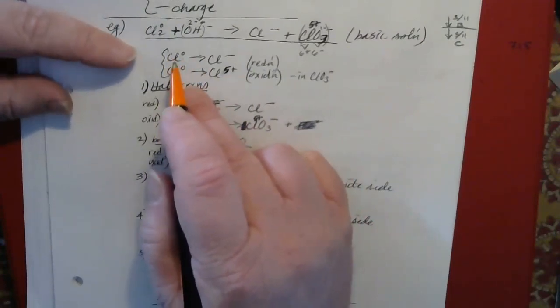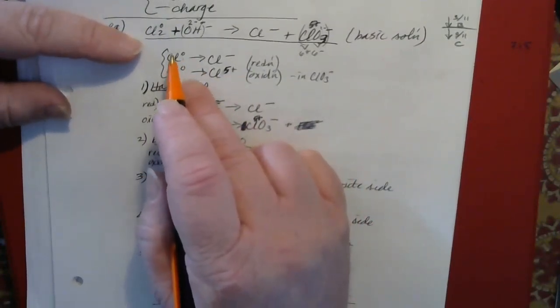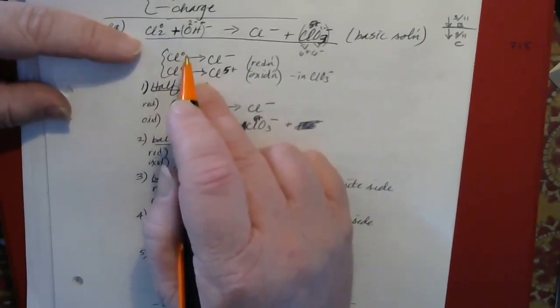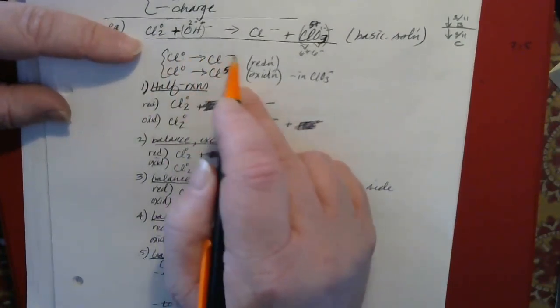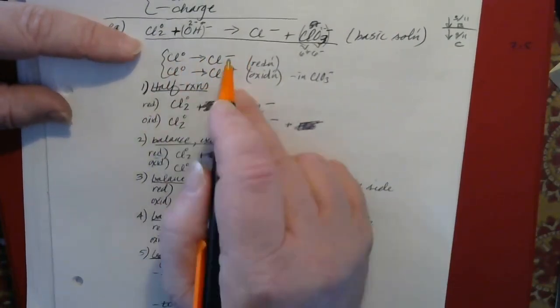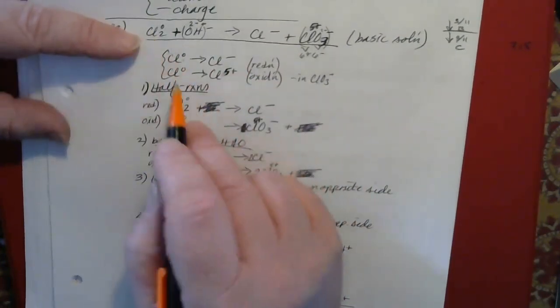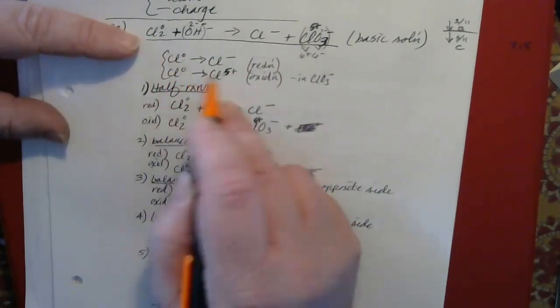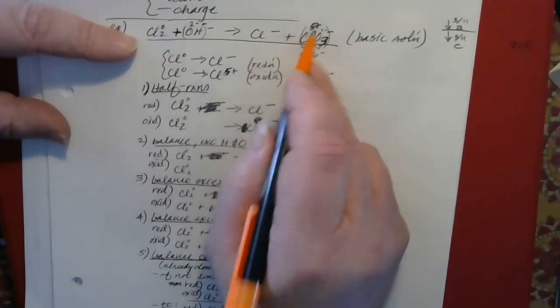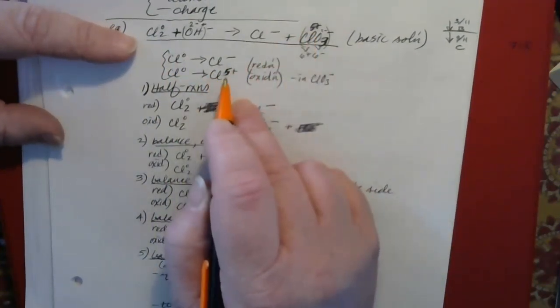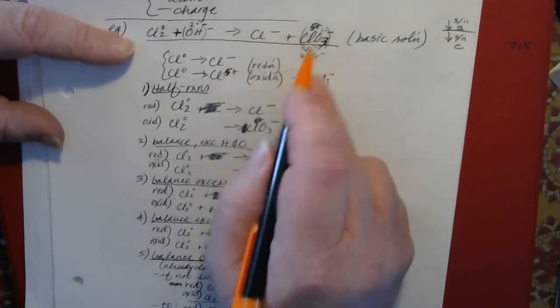So for the reduction, we have chlorine with 0 charge going to chloride, Cl minus, so 0 to -1, that's a reduction. And then the other atom of chlorine goes from chlorine with 0 charge to Cl plus 5, which is the charge of chlorine in the chlorate ion.